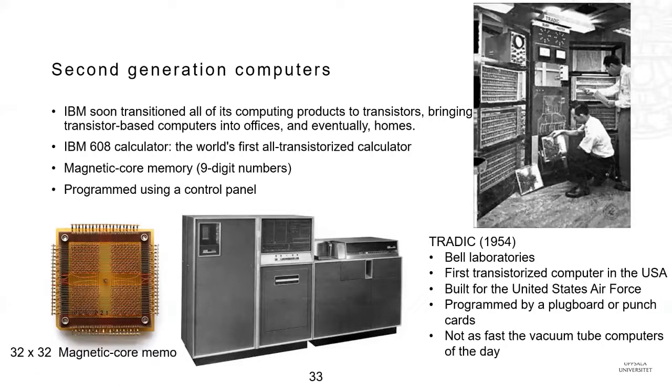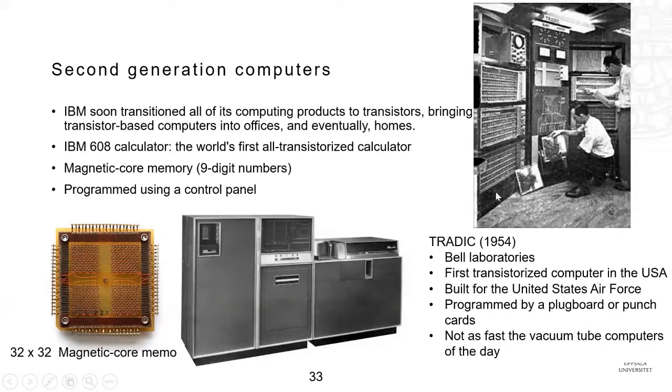Another famous machine in this era was TRADIC, which was invented in 1954 at Bell Laboratories. It was the first transistorized computer in the USA. There were other machines in the UK and Australia, I think, that were transistorized, but it was the first one in the USA. It was built for the United States Air Force, and it was programmed by plug board or punch card.